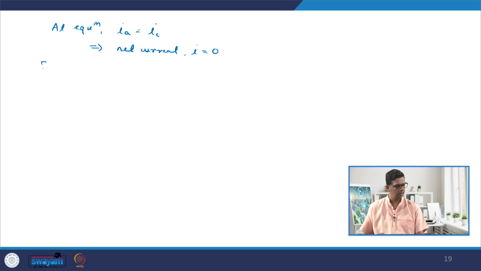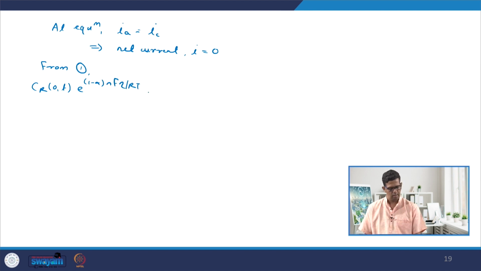So from equation 1, we can write CR(0,t) e to the power (1 minus alpha) nF eta by RT equals CO(0,t) e to the power minus alpha nF eta by RT.